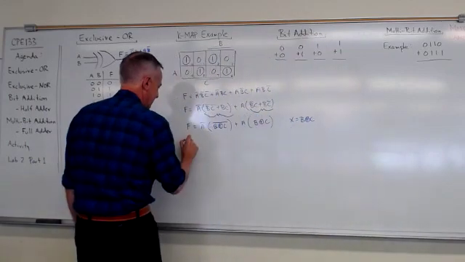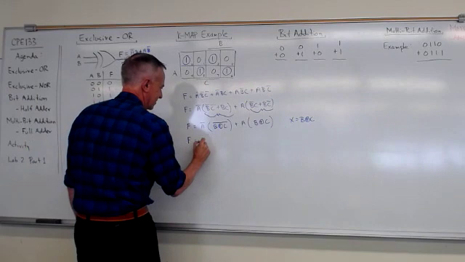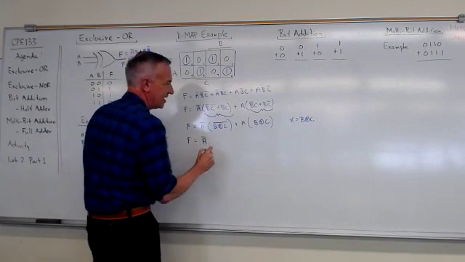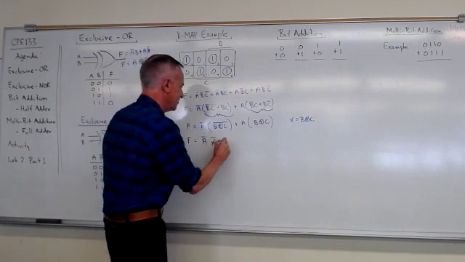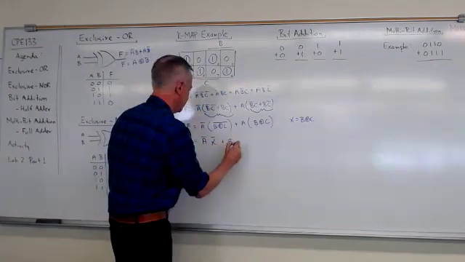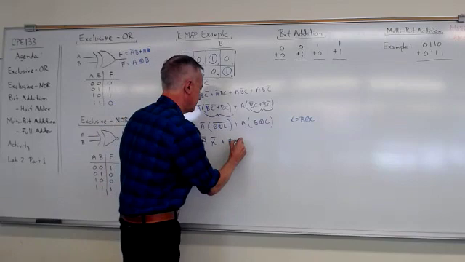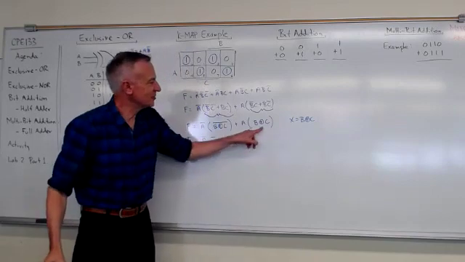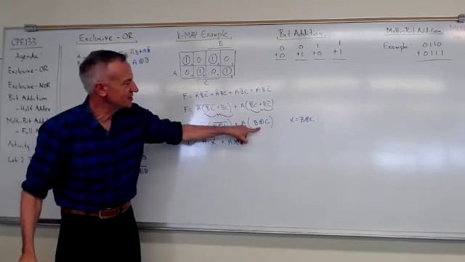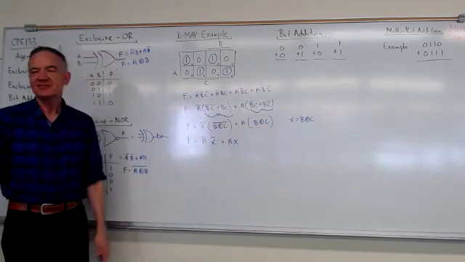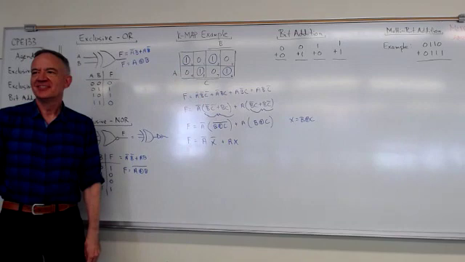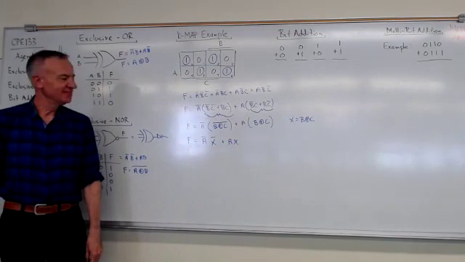Then I could write this as not A, and then this would be not X, OR with A, and then X. Because I'm just substituting in a dummy variable for this B exclusive OR with C. But now, can we go further? So it's this.